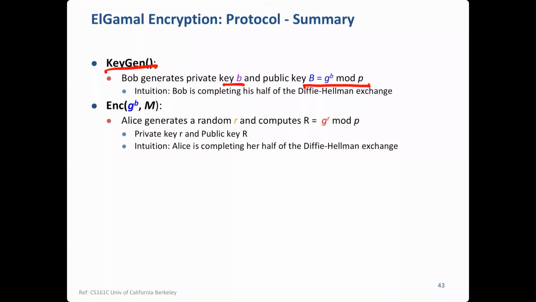This is done by Bob, and then here comes Alice. Alice receives it and then encrypts her message M using Bob's public key.